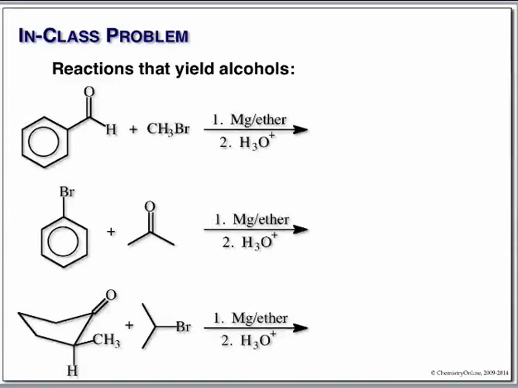In our Grignard reaction, we have an alkyl or aryl or vinyl halide, and it's going to react with magnesium and ether to form the Grignard reagent. In the Grignard reagent, the alkyl group has anion properties. It looks as if it's an anion.